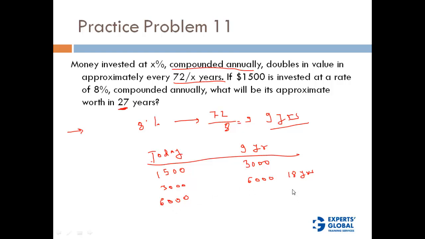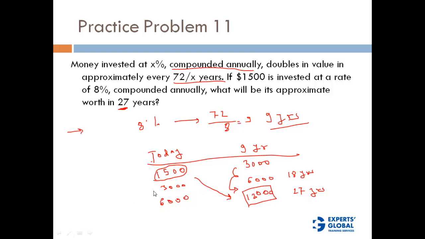At the end of another 9 years, which is a total of 27 years, it is going to be $12,000. No, this is 12, not 1,200. This is 12,000. So it is going to increase from 1,500 to 12,000.